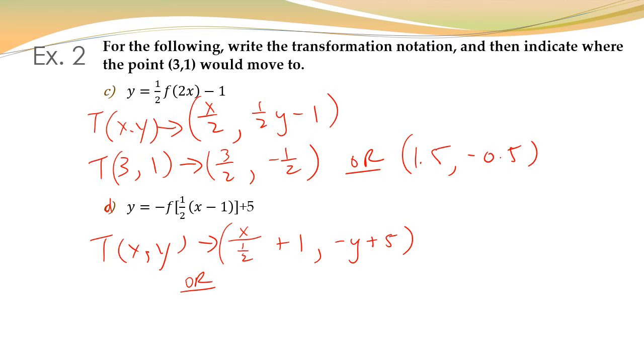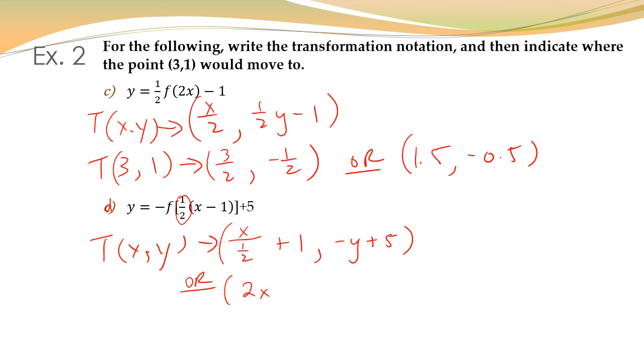Now, there's a couple different ways to think about this. On your calculator, you could just type in 1 divided by 1/2, and everyone should get 2. So really this is 2x. The other way to think about this: 1/2 is 1 divided by 2, which is really just dividing something in half.